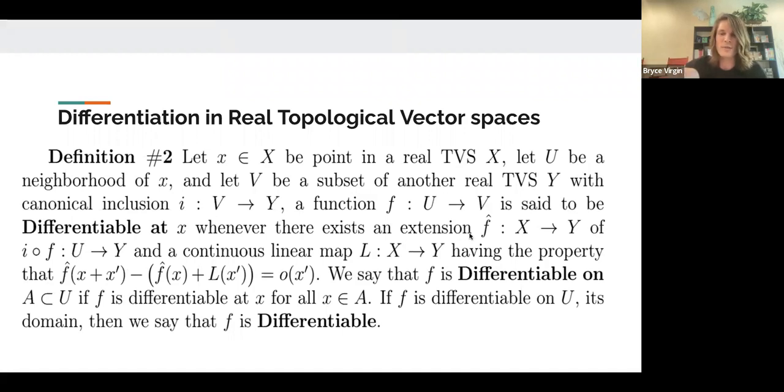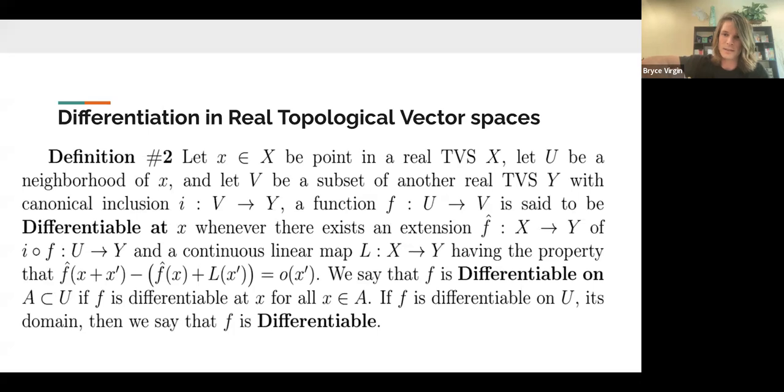So I sort of need to extend my function in order to ask whether or not it's differentiable. I need to extend it in the usual sense to x in its domain instead of just u. And I need to co-extend it in the codomain to the whole y instead of v.